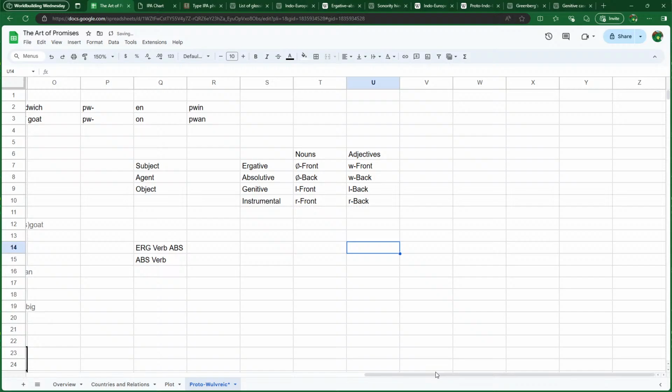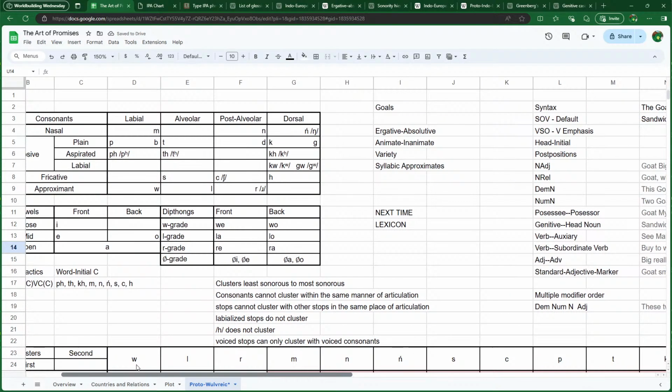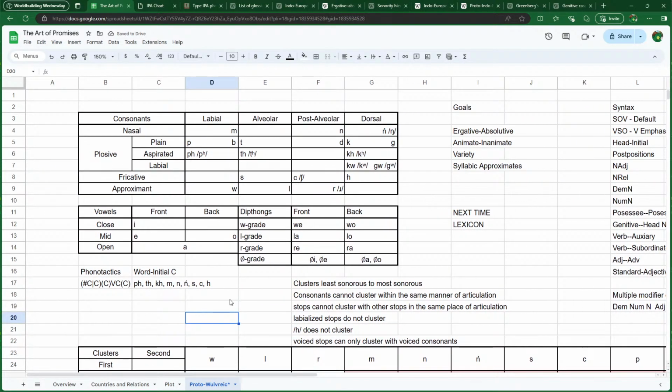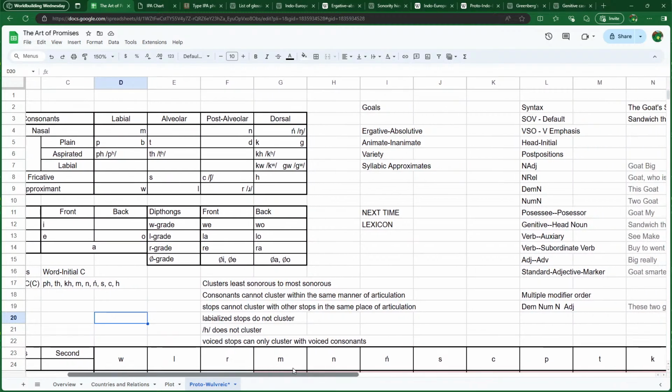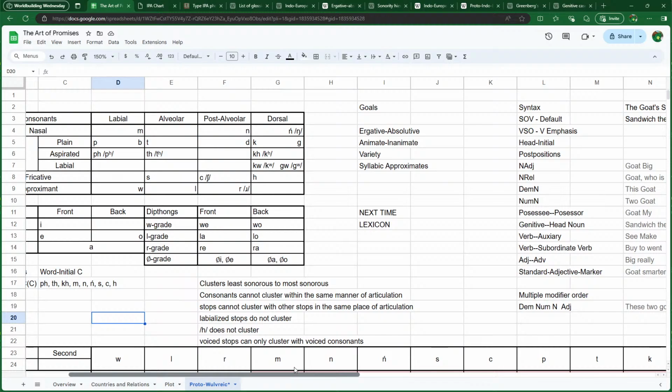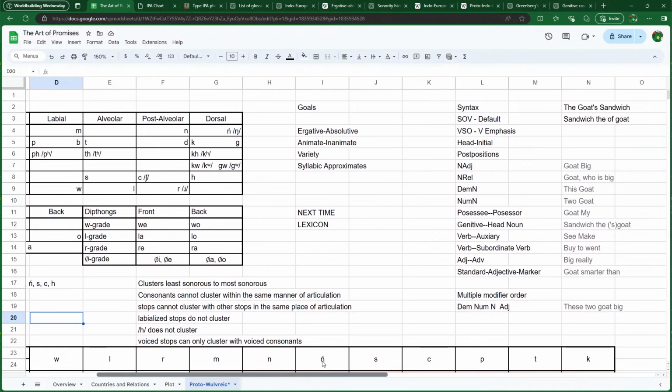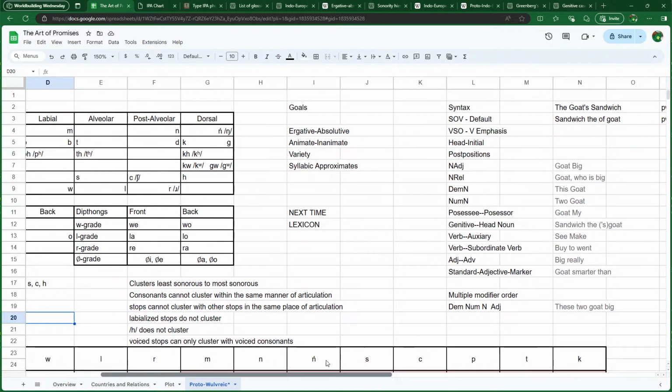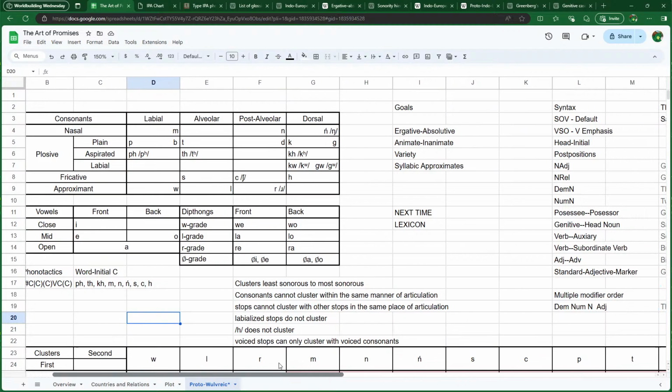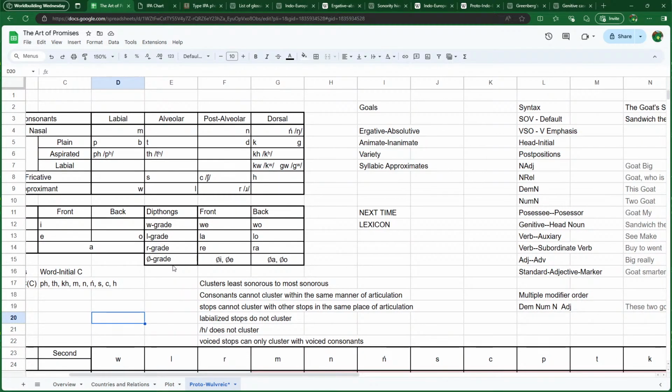Ooh, you know what? I just encountered something whack here. We have syllabic approximants, which means that w, l, and r all act as their own thing separate from that. So we might have to add another.